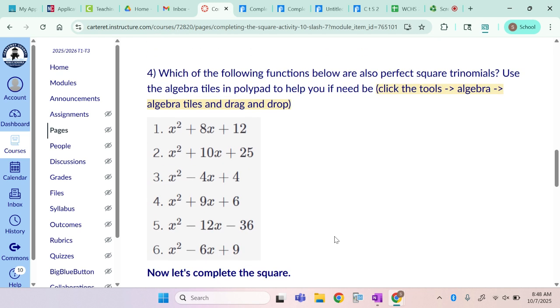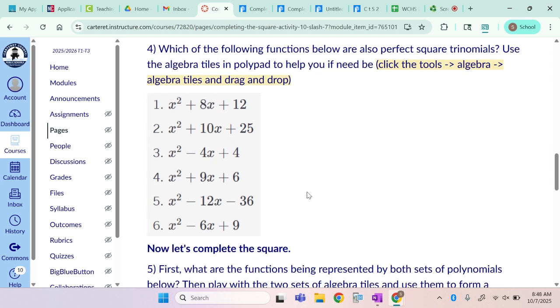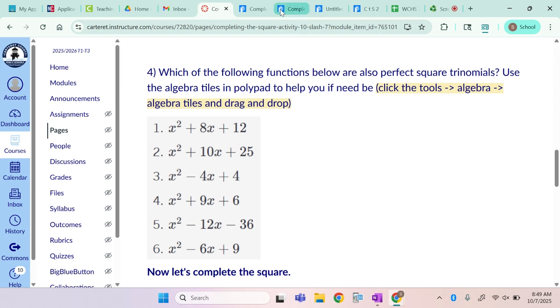So what I suggest you guys do is split the other 5 in half between your group. All right? So like one of y'all do 2, the other one does 2, and the other one does 1. And figure out if it's a perfect square trinomial or not. And you can use the polypad.